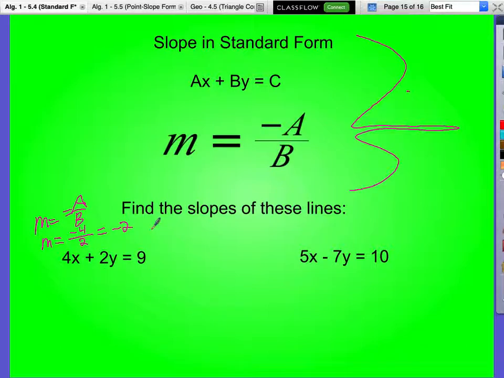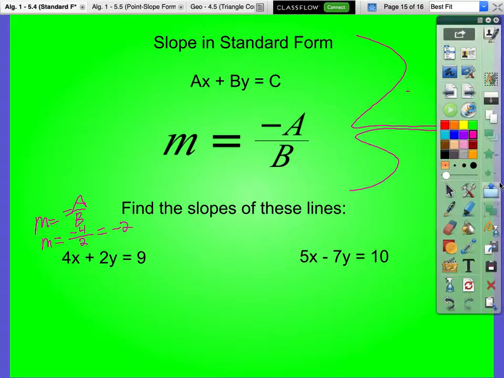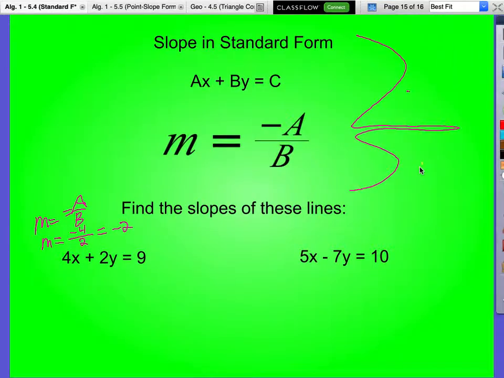Write down that equation, what we just did. Could be negative 2 over 1. Now, if we have this equation, we know from the other day that we could also solve it for slope-intercept form, correct? So how would we solve this for slope-intercept form?